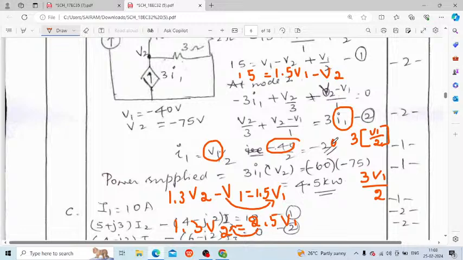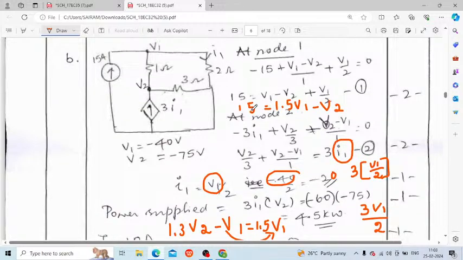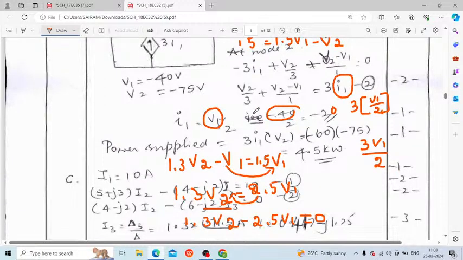Now I'll take the equation part, simul, 2 equations. The very first equation is 1.5, minus 1, equal to 15. The second equation is minus 2.5 and plus 1.3 which is equal to 0, right?